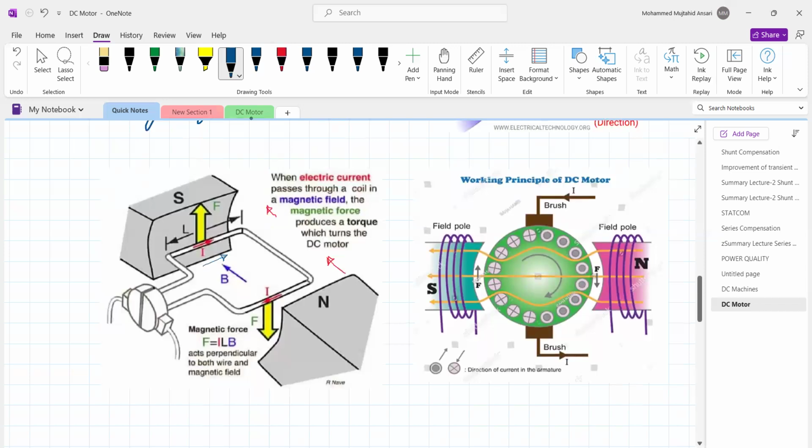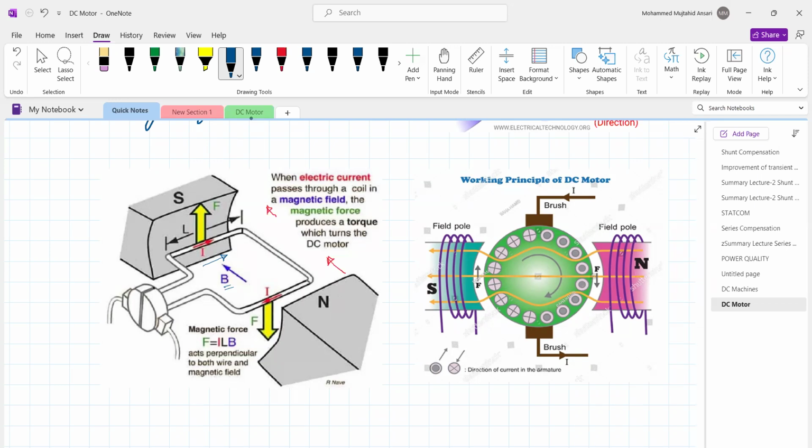Now, if you stretch your left hand fingers in such a way that the first finger, second finger, and thumb are all mutually 90 degrees to each other, the first finger shows the direction of current and the second finger shows the direction of magnetic flux or field, which is from north to south, as shown in this figure B. Definitely, the thumb shows the direction of force is upward.